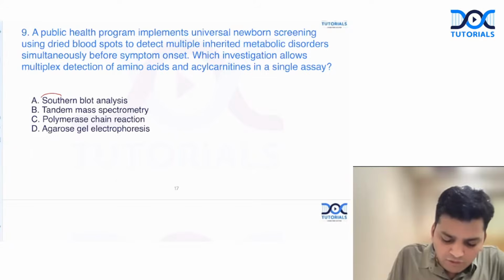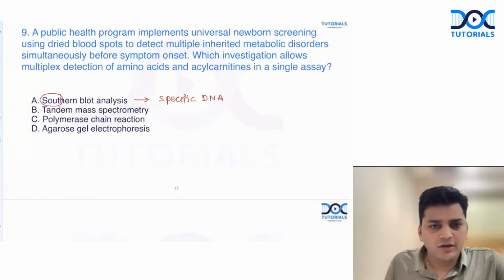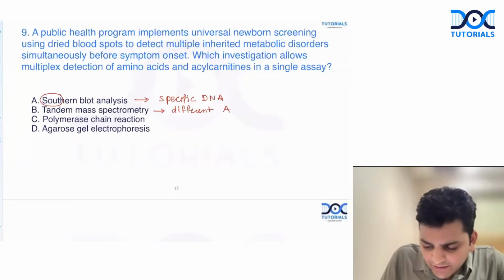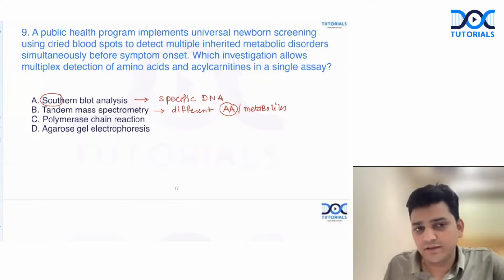See, Southern blot, we know that it is done to find a specific DNA. If you want to find a specific DNA, you will do the Southern blot. Tandem mass spectrometry will tell you the different levels of the amino acids and different levels of the metabolites in the blood sample. Which amino acid is more, which amino acid is less, what is the concentration. For that, we do tandem mass spectrometry.